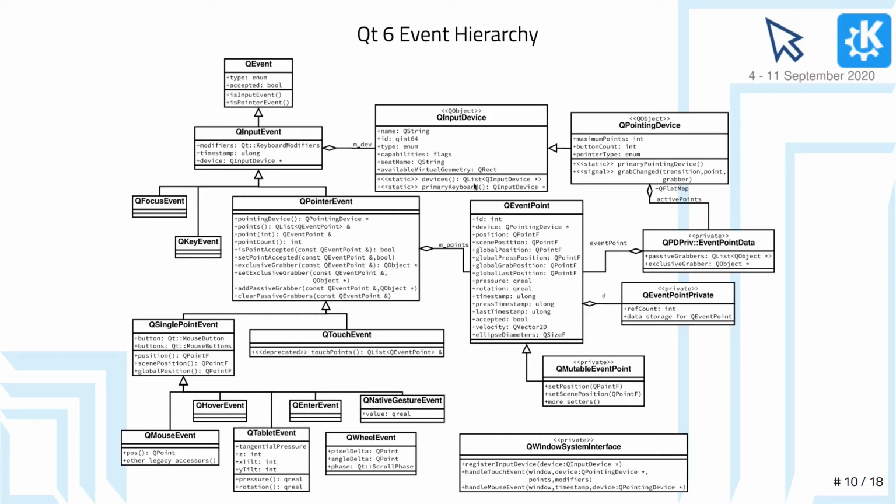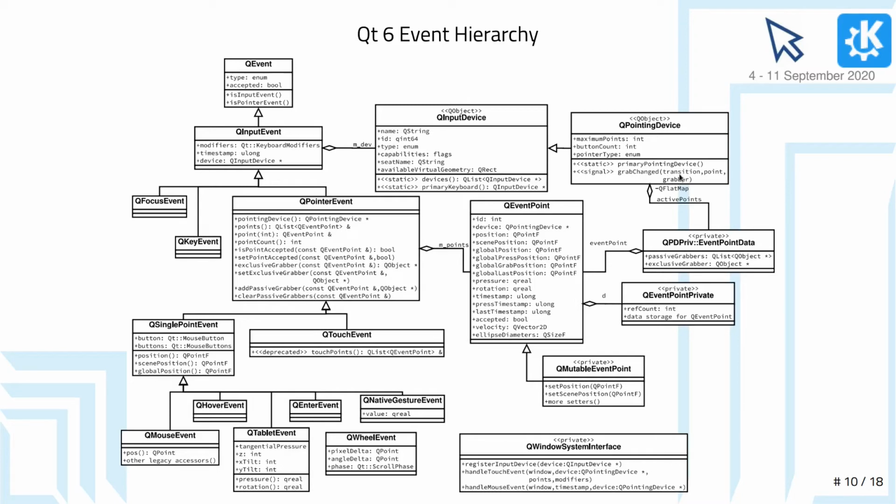You can also get a list of all the devices, so that's useful for tools like QtDiag. We've already updated it to get the list of devices there and show them. And then there's primary keyboard, which is like if you need to create an event and you don't know which device it really comes from, you can just say, well, it's the primary keyboard, whatever that is, and it will figure it out. Then we have a subclass QPointingDevice, which also has primaryPointingDevice, which is a similar function that will just figure out if there's only one mouse or if there's several mice that move together, then we just say, okay, that's the core pointer, and we return that as the device.